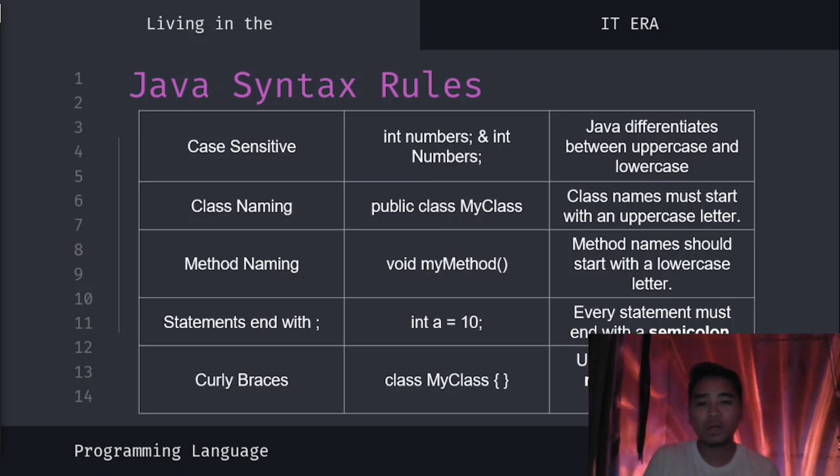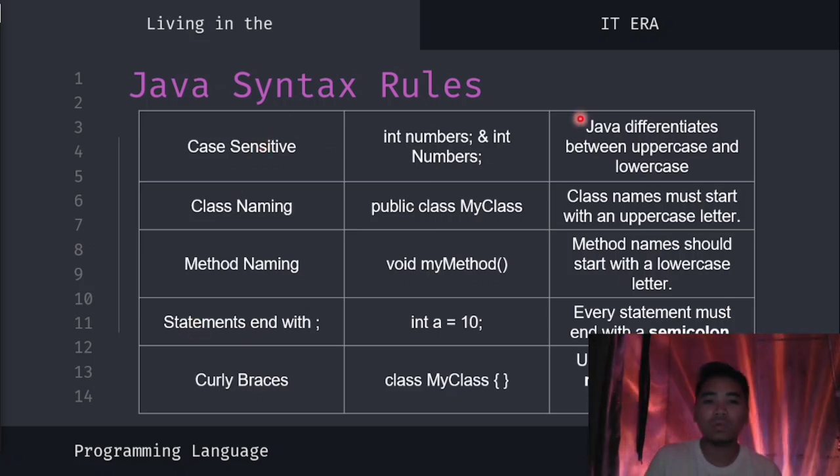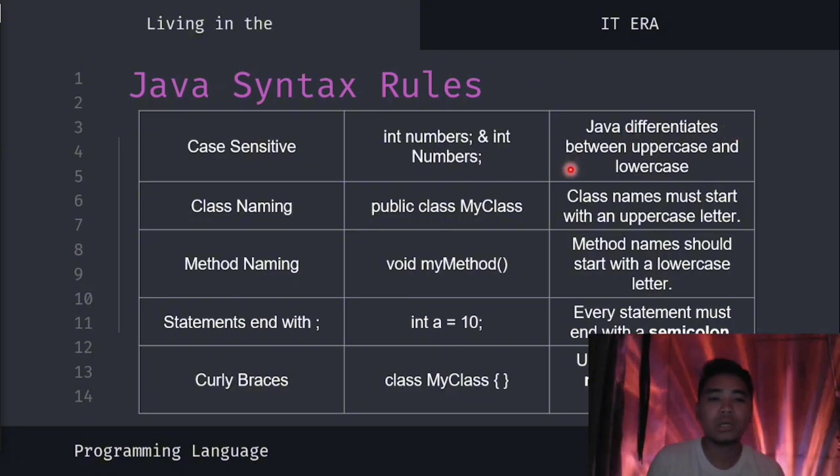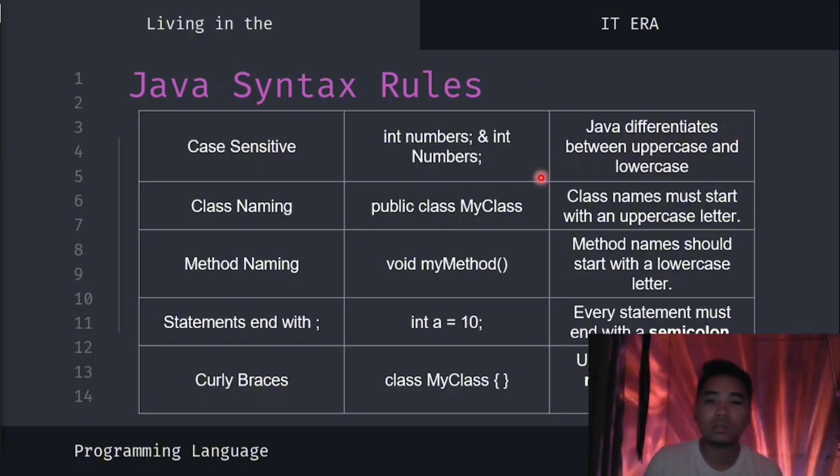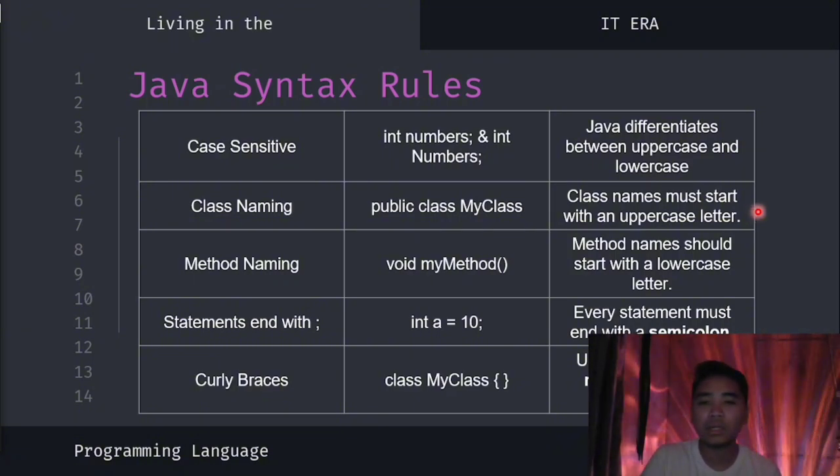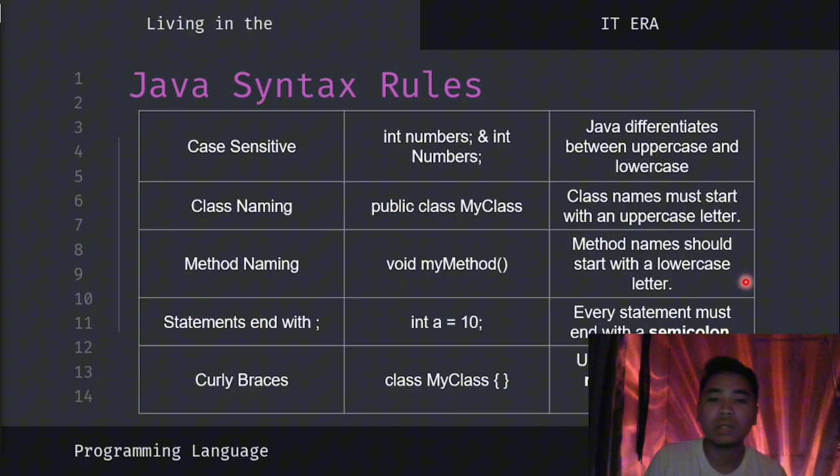So Java is case sensitive. It differentiates uppercase and lowercase. For class naming, it should start with an uppercase letter when you name your class. For method naming, it should start with a lowercase letter.